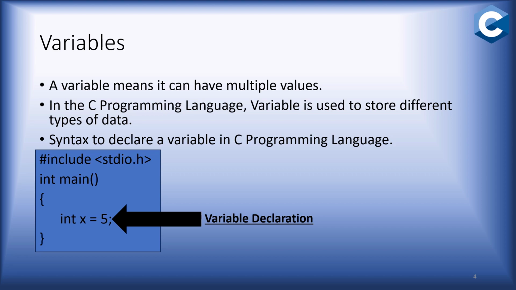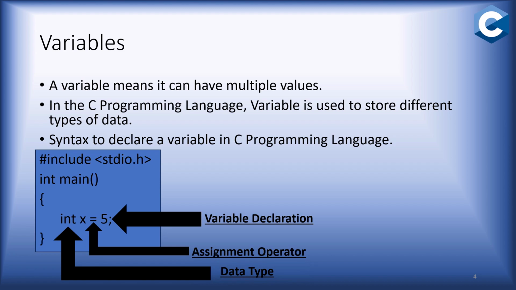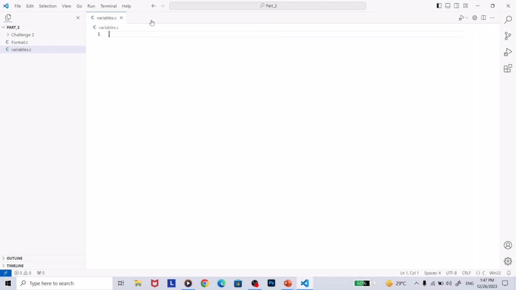This is known as the variable declaration. Here it means we are declaring a variable of integer type. Now the equal to sign is the assignment operator. An important note: whenever you are declaring a variable, the right value is always assigned to the left value.